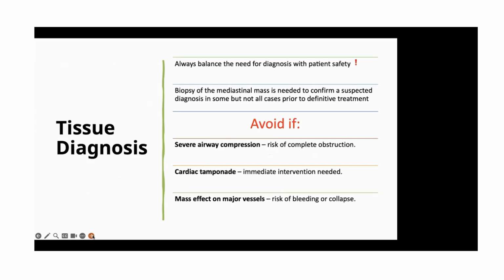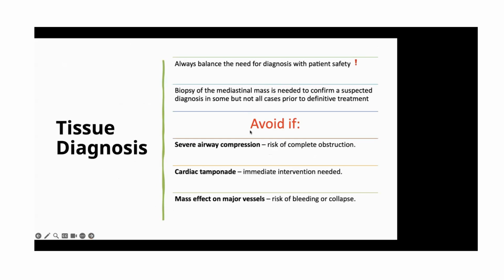About the tissue diagnosis, as I said, you always have to balance the need for diagnosis with patient safety. Biopsy of the mass is needed to confirm a suspected diagnosis. However, in some cases, not all, you can start with the treatment and do the biopsy later, especially if the patient is not stable.